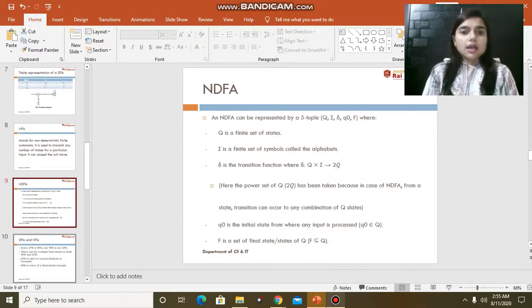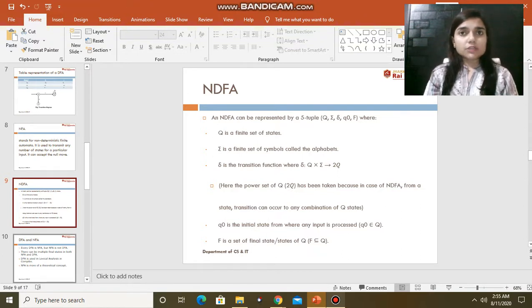A non-deterministic finite automata is also known as NFA, or you can also say NDFA. It is represented by a 5-tuple, and these tuples are the same as the deterministic finite automata.